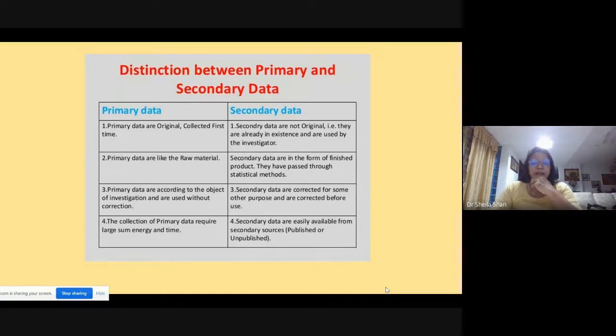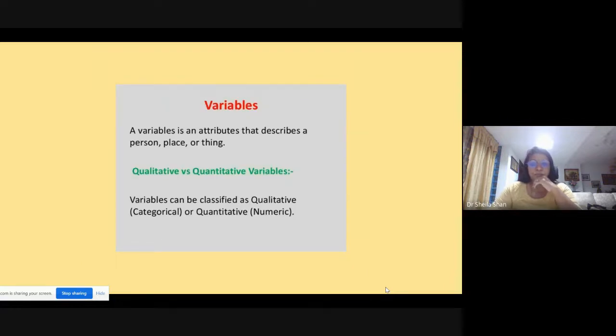Collection of primary data requires a large amount of energy and time. Secondary data are easily available from secondary sources. It could be published or unpublished. All right, variable. A variable is an attribute that describes a person, place or thing. What is a variable? A variable is what you are finding a relationship for.